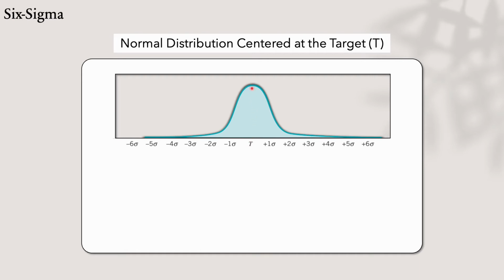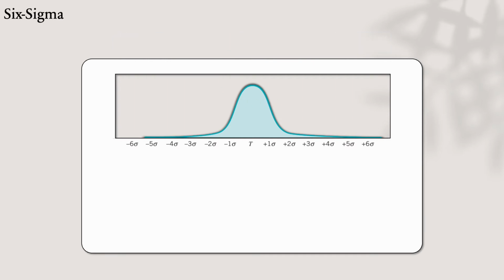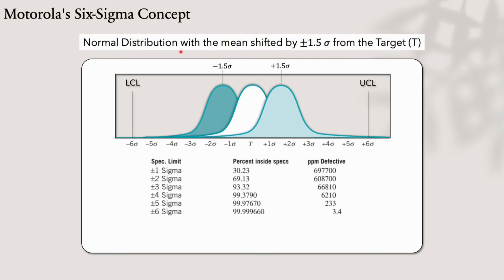So it fluctuates within the range of plus 1.5 sigma to minus 1.5 sigma, meaning this actual distribution graph shifts. So this was the initial assumption that was made, that the normal distribution mean is shifted plus minus 1.5 sigma from the target value, right?